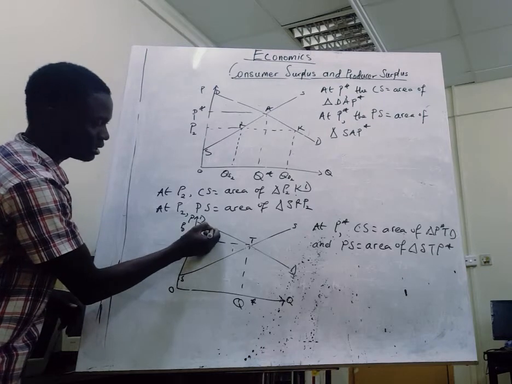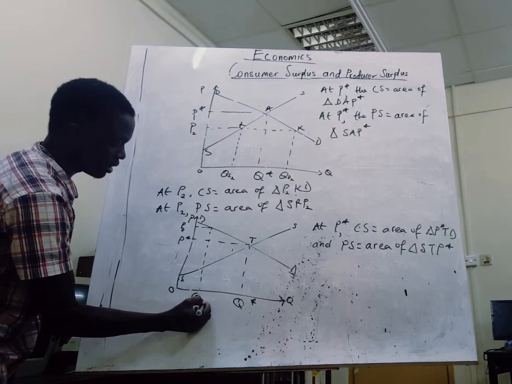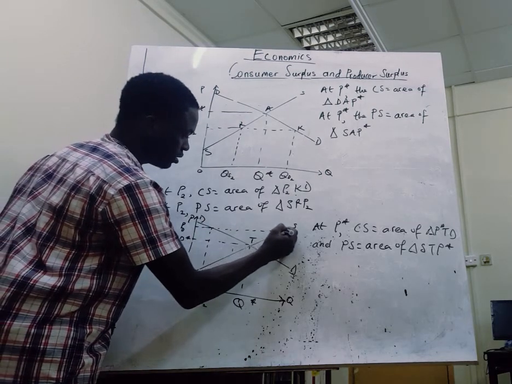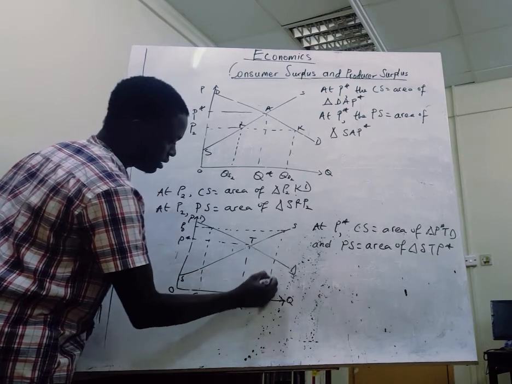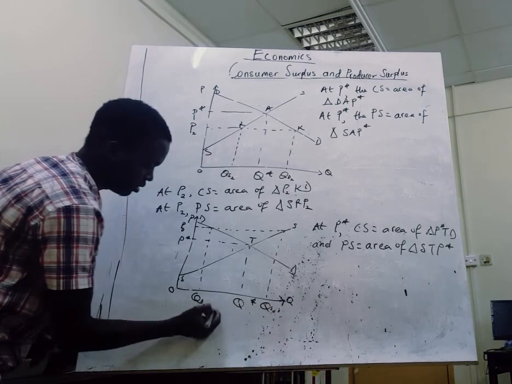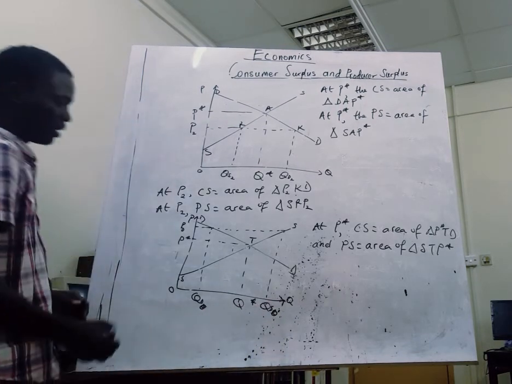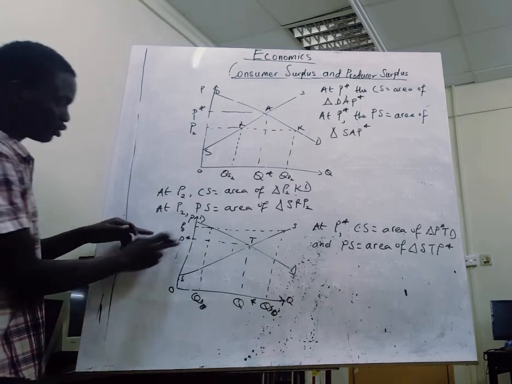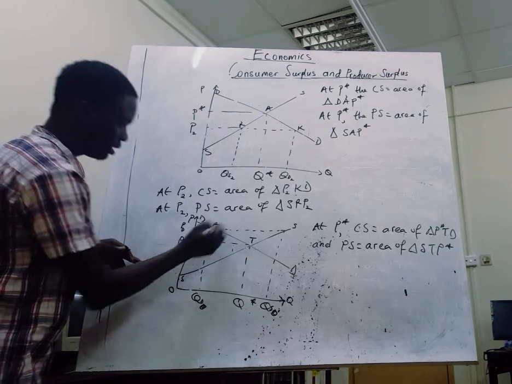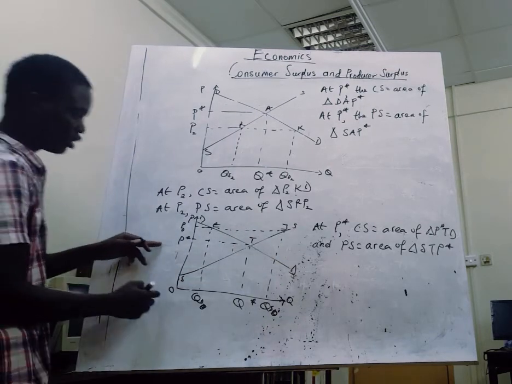It is intersecting the demand curve here, so we bring this down. We realize that there's a lower quantity demanded, then we trace it to the supply curve, and there's a higher quantity supplied, QS naught. Now we have two intersections. We call this intersection E, and this other intersection J.